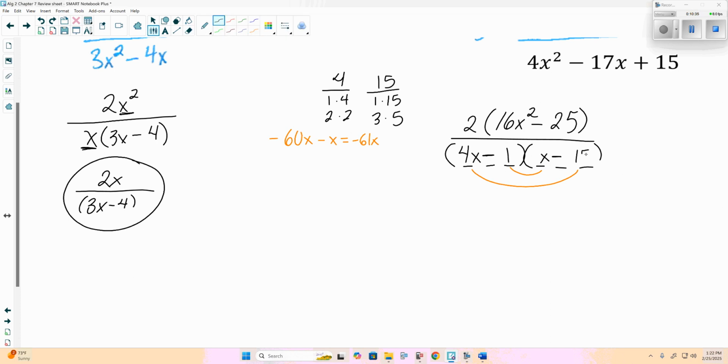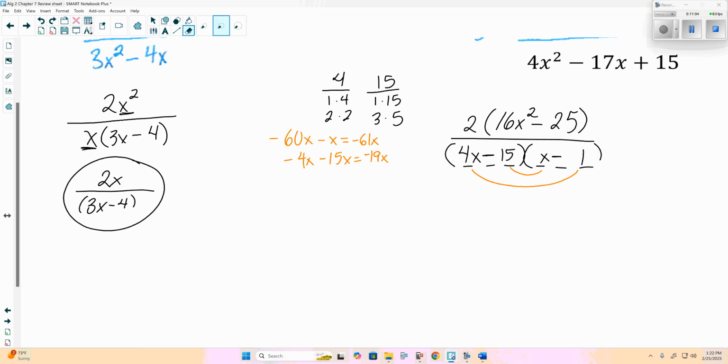Like, I just realized that's the exact same thing. 15 and 1, there we go. 4x times negative 1 would be negative 4x. Negative 15 times x would be negative 15x, giving us negative 19x. So we're a little closer, but not quite there.